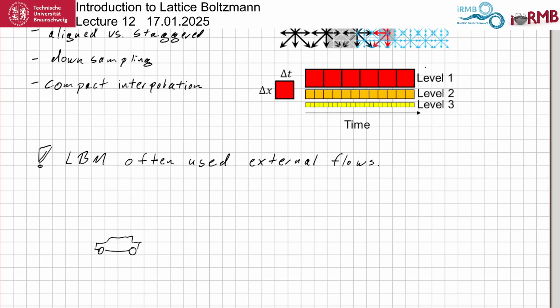Now let me approximate a car that's potentially on a road, and you assume that there is, we simplify things and say there's wind, but of course the car is driving. It's usually the opposite way. And you put the car into a box because you want to know what is its drag.